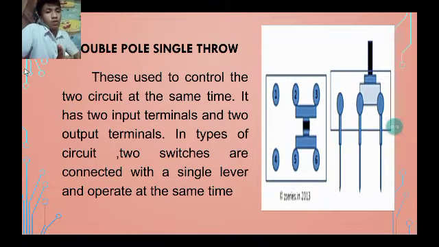This is used to control two circuits at the same time, and it has two input terminals and two output terminals. In this type of circuit, the two switches are connected with a single lever and operated at the same time.